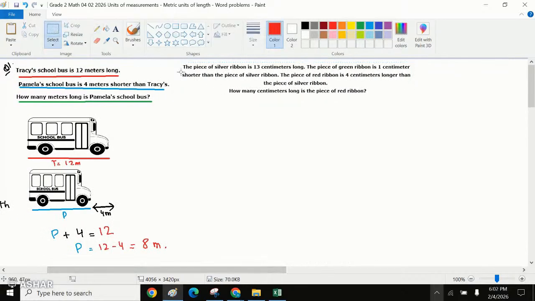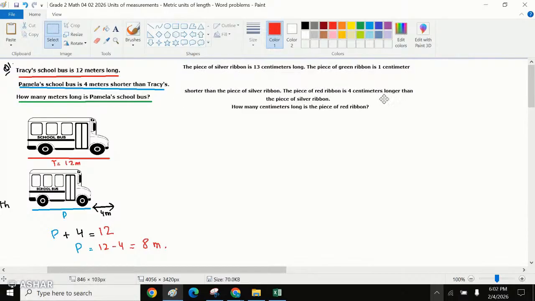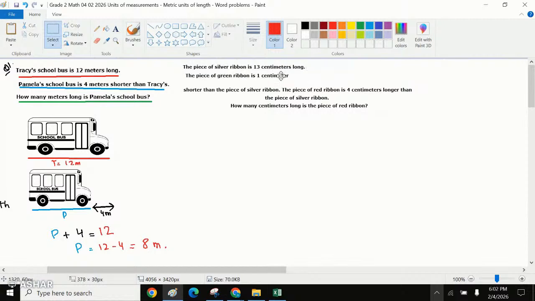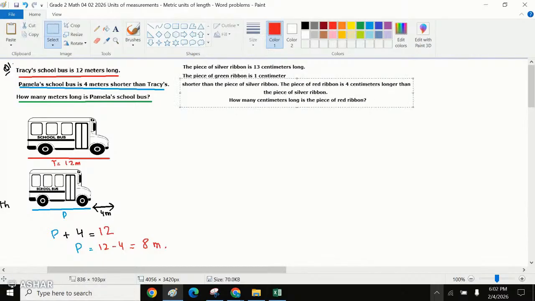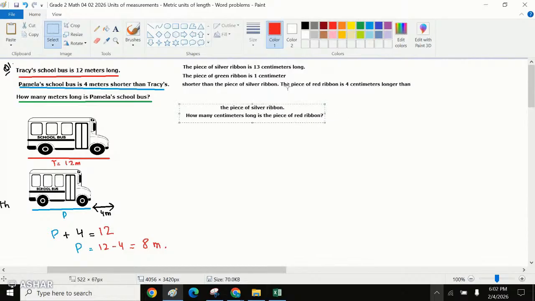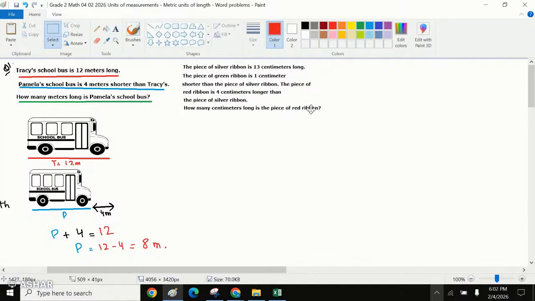Let me realign this. I just realign so that I can increase the size. I'll just resize this, because it's not readable yet.